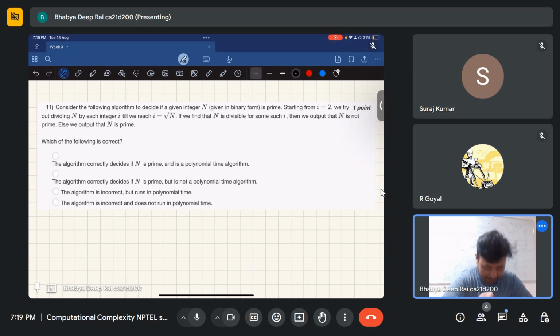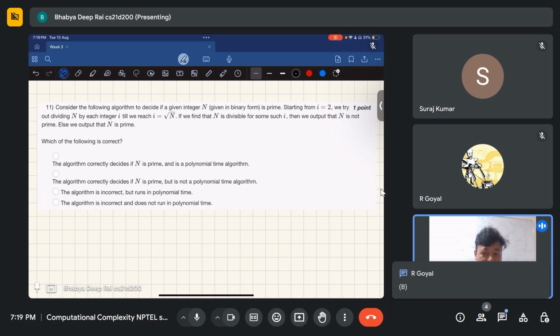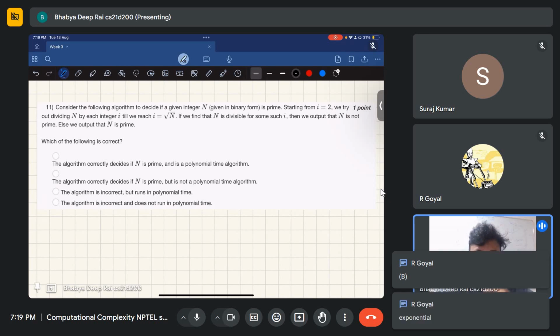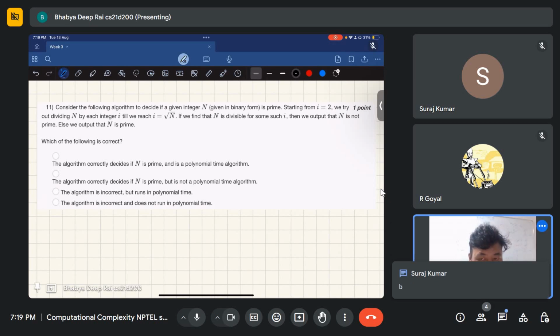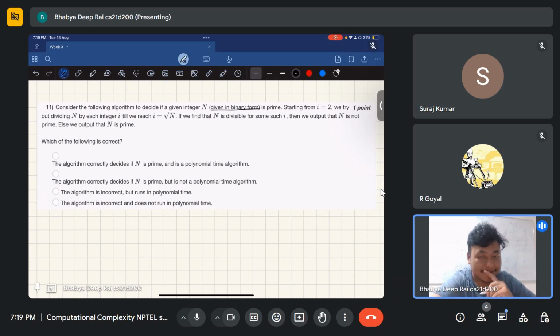If none of them do, then it's a prime. The question says the algorithm correctly decides if n is prime, but not in polynomial time. Exactly, it is an exponential time algorithm because the input is given in binary form. So if the number is n, then the input size is log n, and my algorithm runs in poly n time, which is exponential in log n. Good.